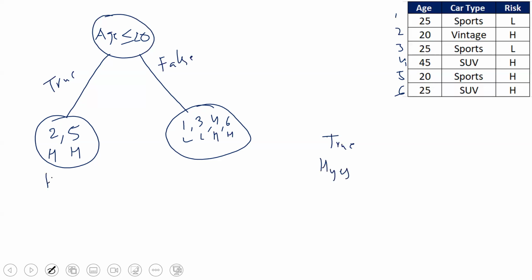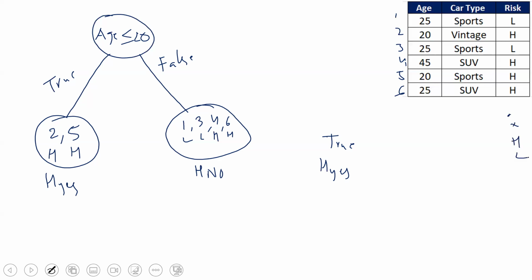Let's suppose this is the entropy of yes and this is the entropy of no. Then we calculate the whole entropy, which is the weighted entropy. I'll also let you know how to calculate the weighted entropy, but let's first calculate the entropy of the true cases. The classes here are high and low. In the other example that we have seen, the classes are dot and cross. Here the classes are high and low.